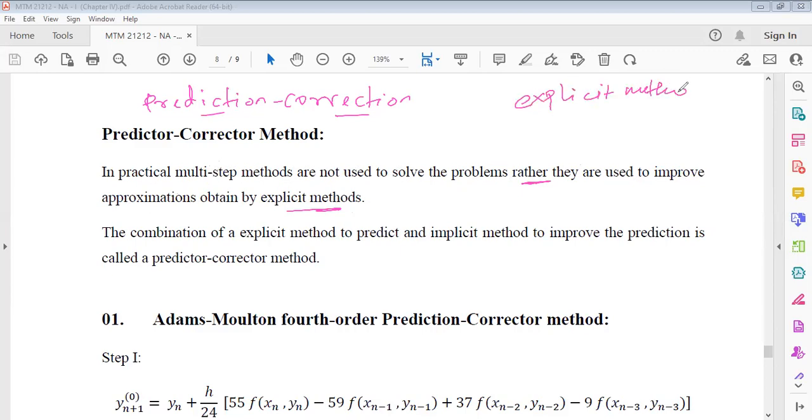Explicit method, and what is the opposite of this one, the other form? Anyone remember? Can you chat with me also? What is the other form of explicit? Okay, I got one answer. At least today is our last lecture. Please, everyone, can you communicate with me?